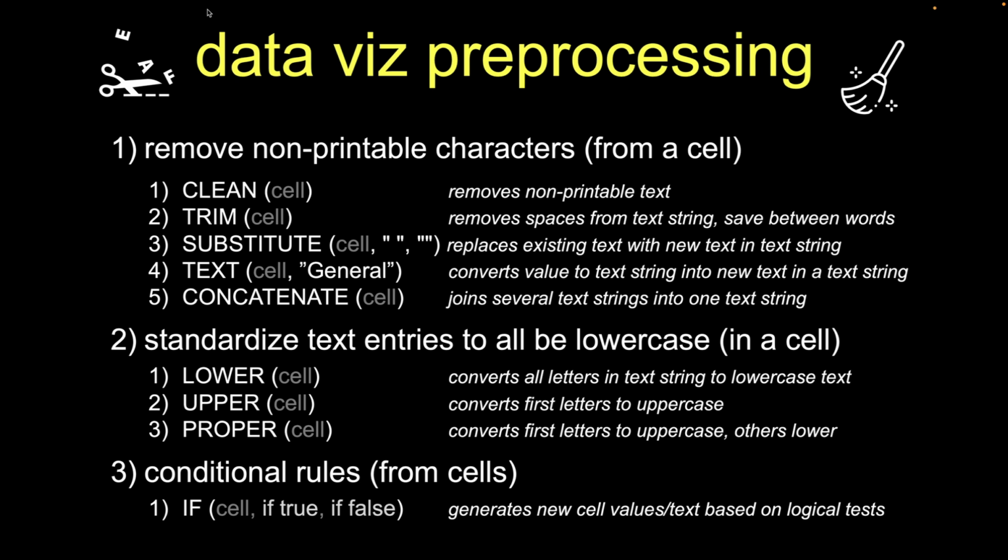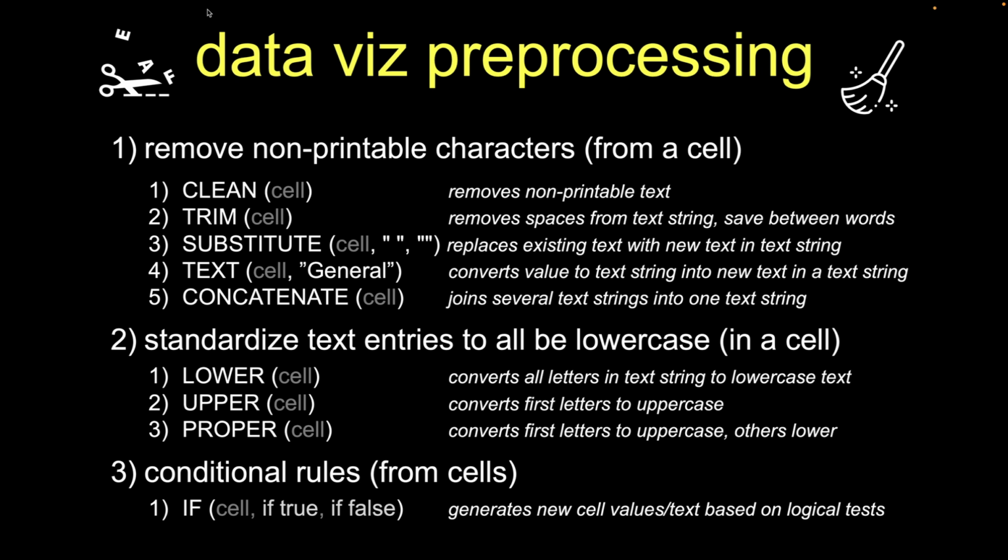TRIM is going to pull off any extra spaces except between two words. So if I said "sun space rise" and applied TRIM to it, or if I said "space sun space rise space," it's going to go through and return "sun space rise."